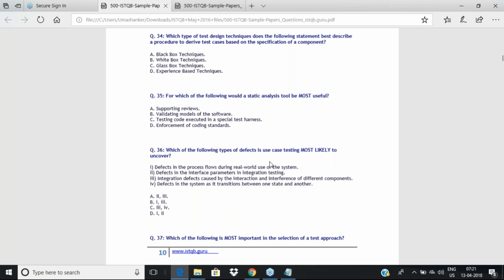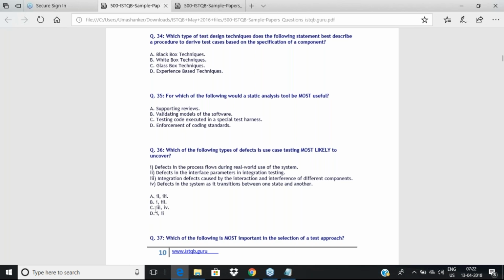What is 1? 1 is definitely use case testing, so not B. C says third and fourth, integration defects caused by this, defects in the system. Since D has 1, D is also not the answer. B has 1, so it is also not the answer. So the answer could be between A and C.